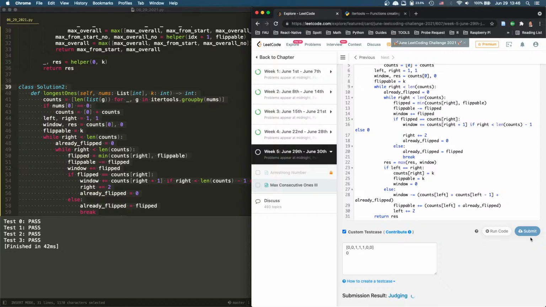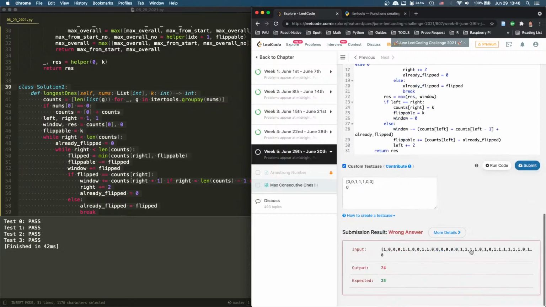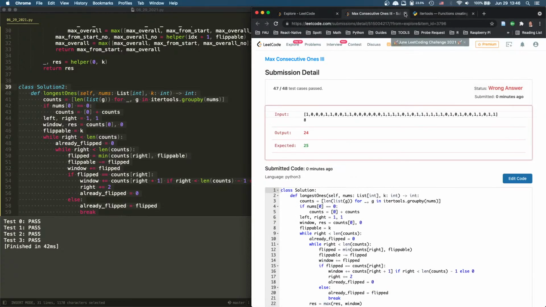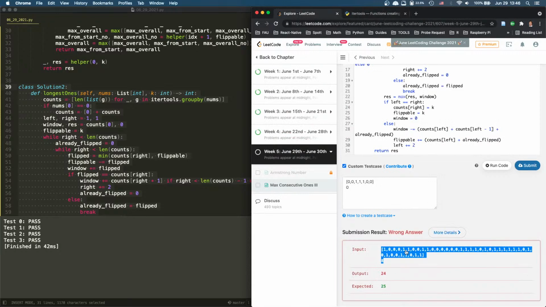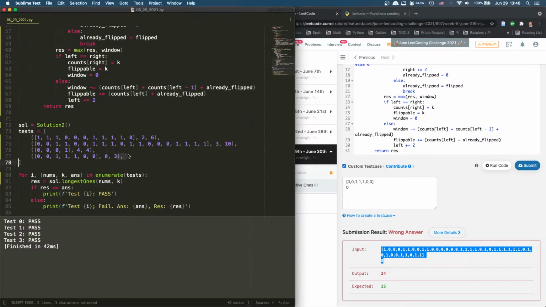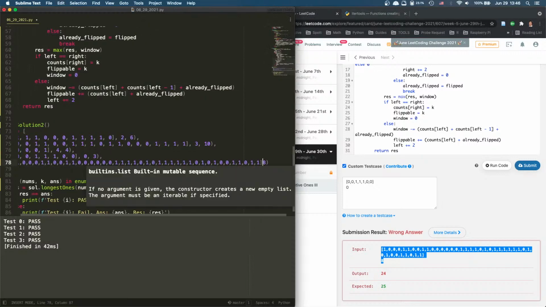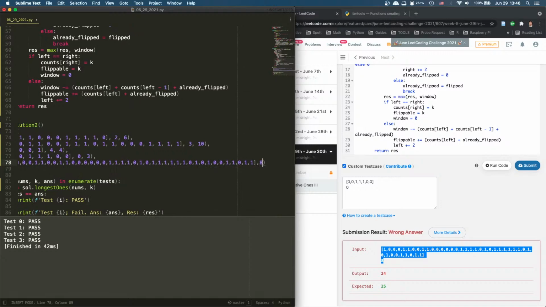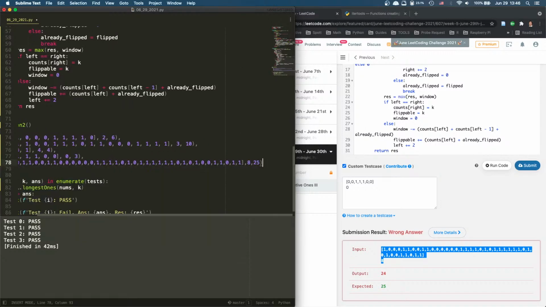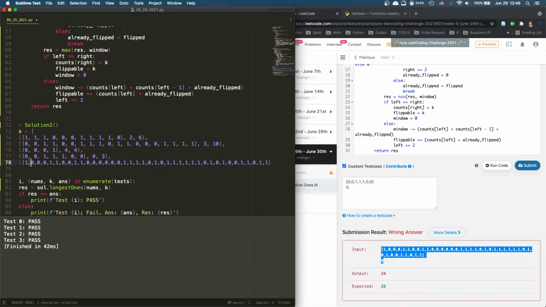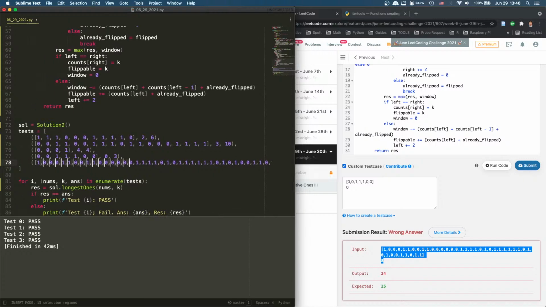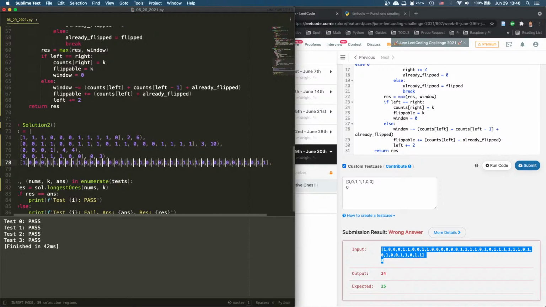Pending. Judging. Wrong answer. How many did we pass? 47 out of 48. We're getting close. I think this solution is promising. We're getting close, but still not there. Okay, don't worry. We'll get it.